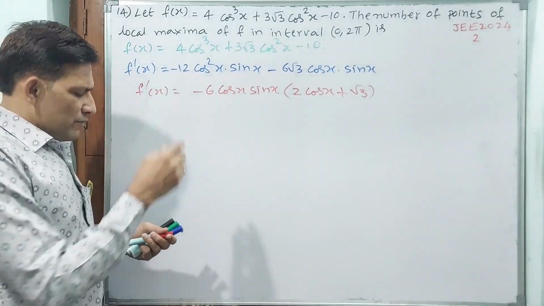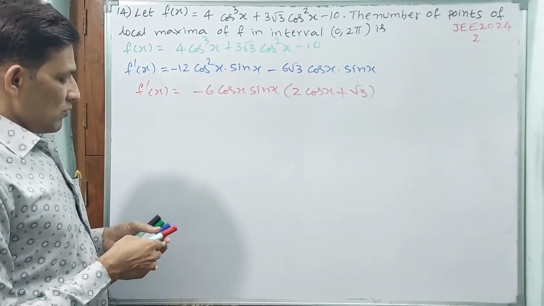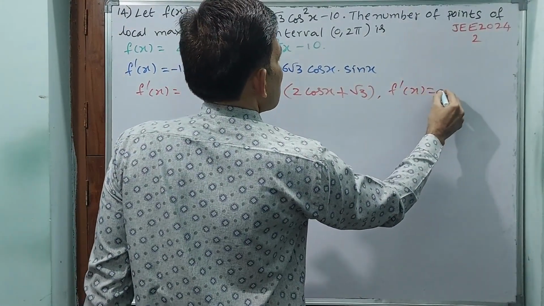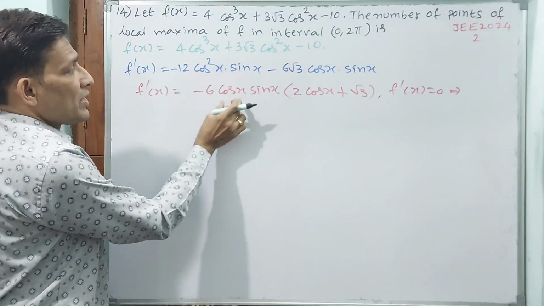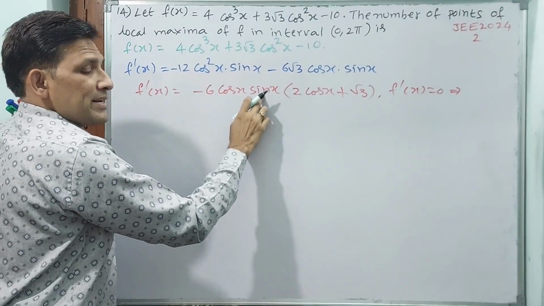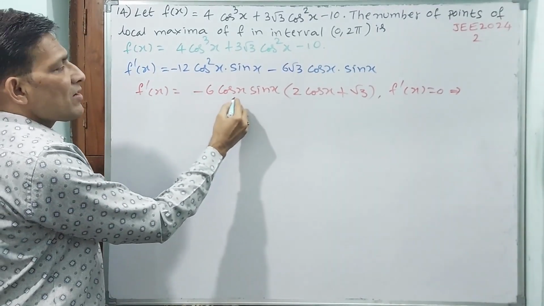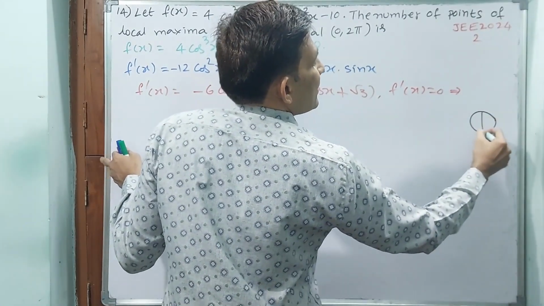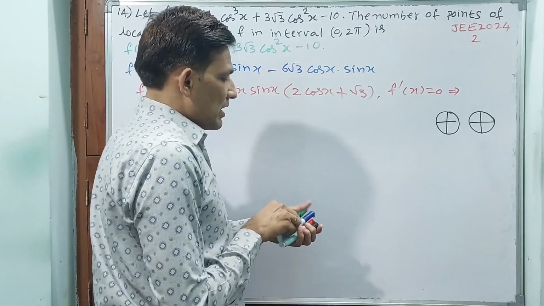Usual practice: you first find the critical points, there is no problem in that. For critical points I make f'(x) = 0. Here cos x becomes 0, sin x becomes 0, and the whole thing becomes 0. I am not writing the angles because you know them very well.